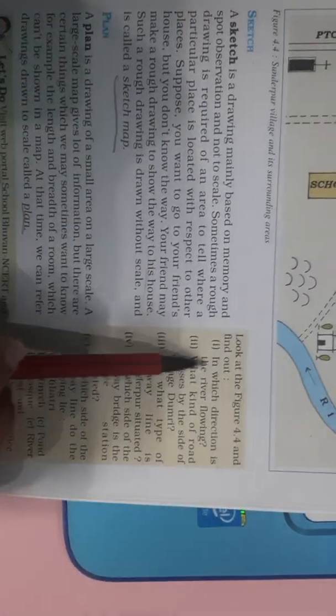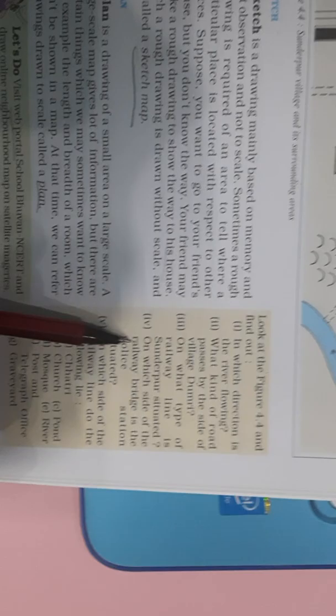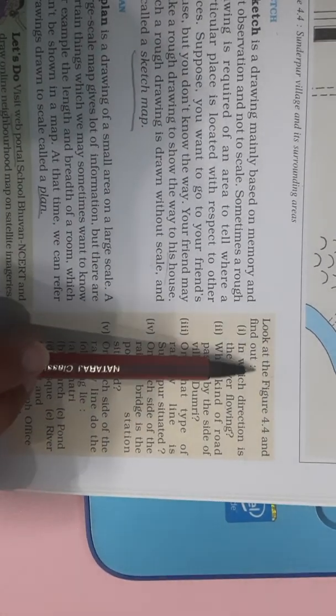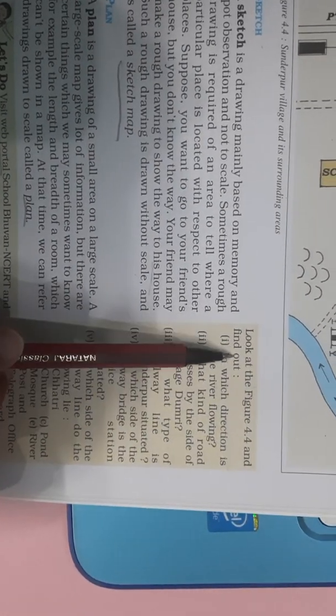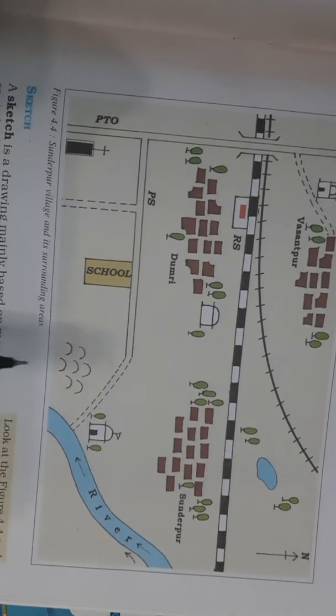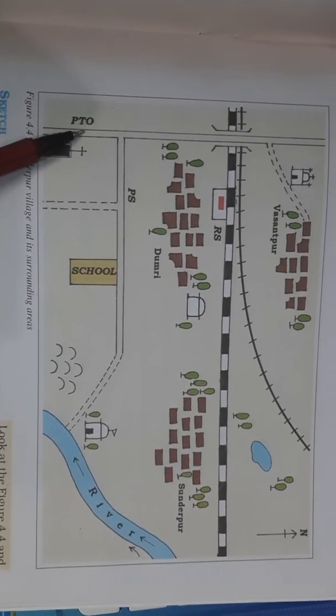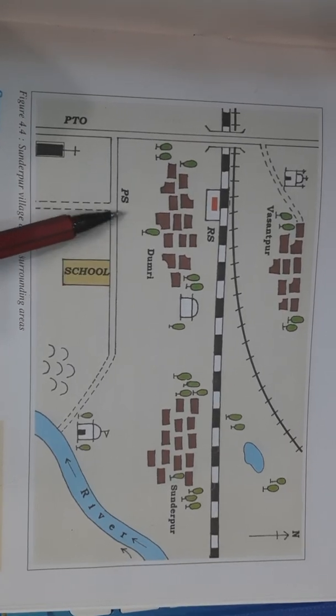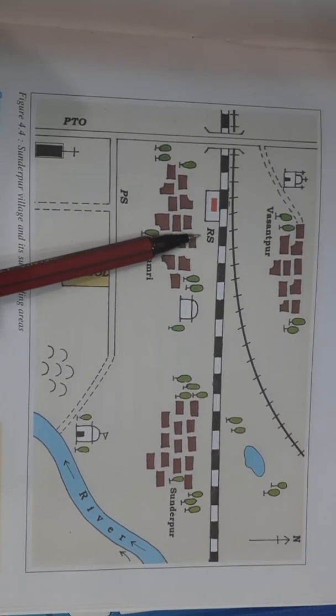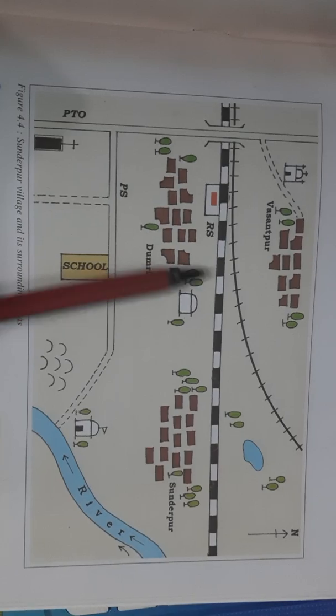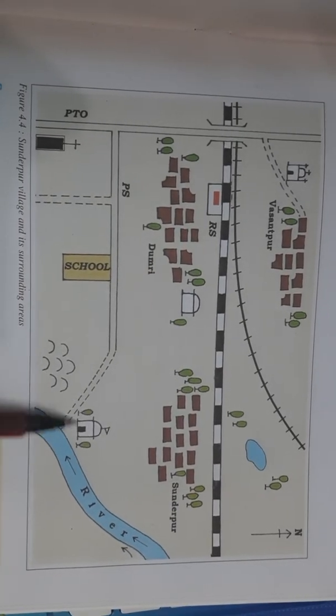Then for your homework, you have to answer these questions. Look at the figure 4.4 and find out. So this is the figure that the question is talking about. Here you have the PTO, here the PS, you have seen RS is for railway station. So these you have marked here.